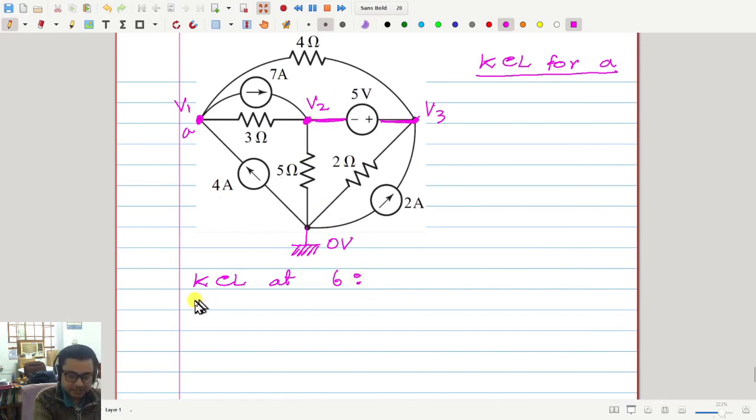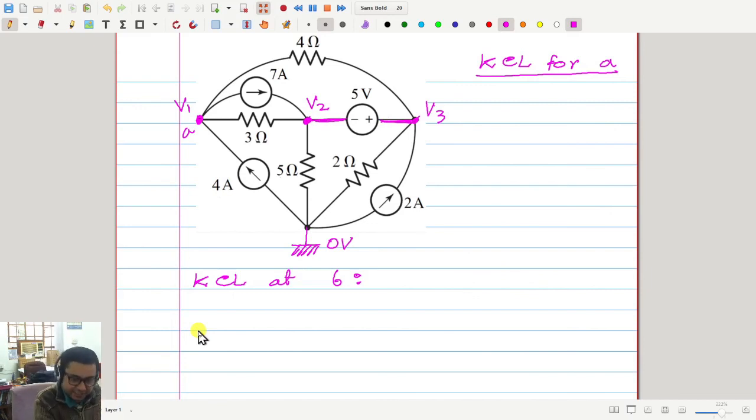Sir, shouldn't we assume all the current directions in the very beginning, before writing all the nodal analysis? Because it may happen that if we assume that from node V2 the current is going out in the direction of the 5 volt battery, and in the next line for node V3 we write that the same current is going out from V3, that may create a contradiction.